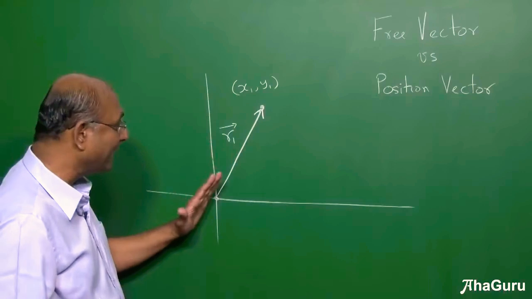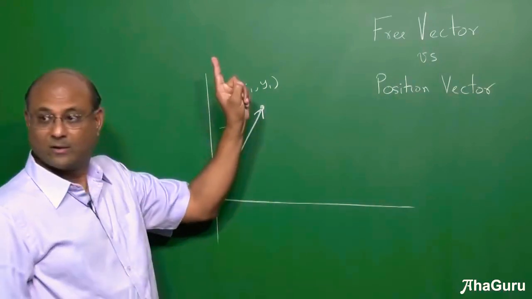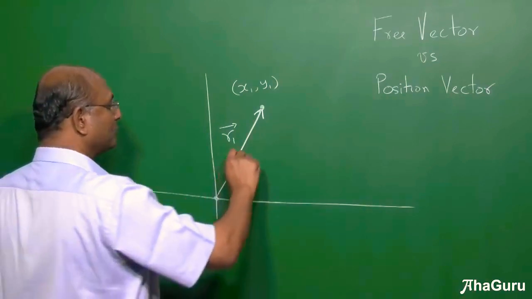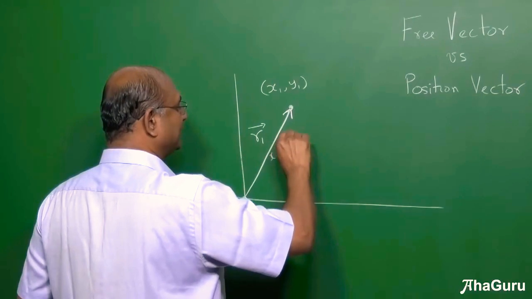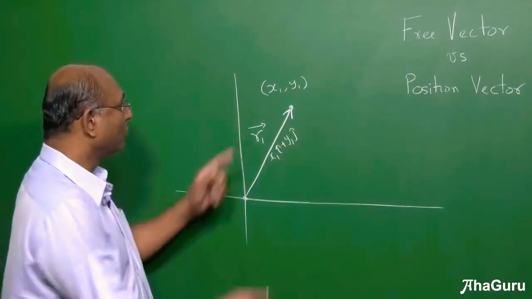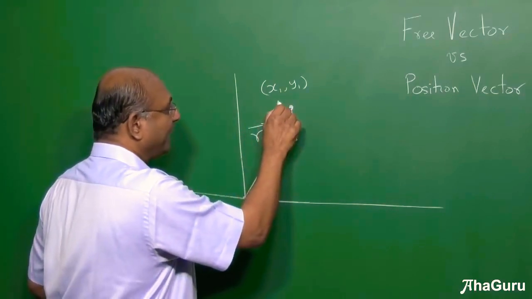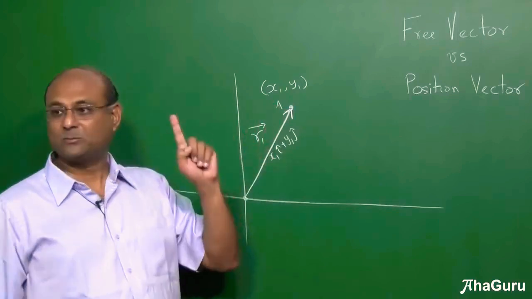This arrow has x1 i cap, y1 j cap. So I can write this fellow here as x1 i cap plus y1 j cap. So the position vector of point A we say is x1 i cap plus y1 j cap.